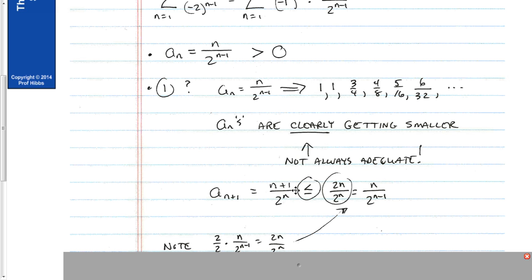Isn't that pretty clear? 2 times n is always going to be bigger than n plus 1. n plus 1 is smallest when n is 1, isn't it? And when n is 1, this is 2. When n is 1, this is 2.